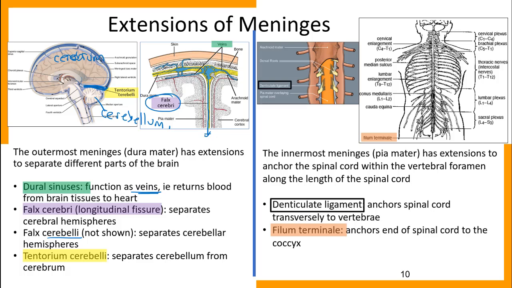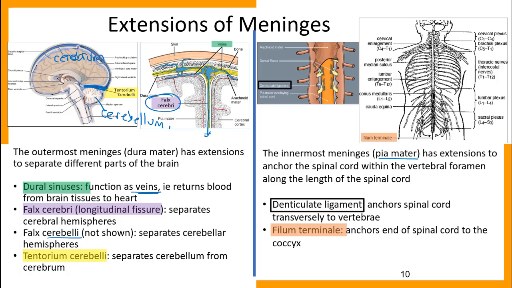In the spinal cord, we've got the innermost meninges, the pia mater, having extensions. And the extensions of the pia mater actually help to anchor the spinal cord so that your spinal cord doesn't bounce around when you walk, jump, run, skip, whatever, when you move, right? So it helps to anchor the spinal cord within the vertebral foramen of the various vertebrae that you have.